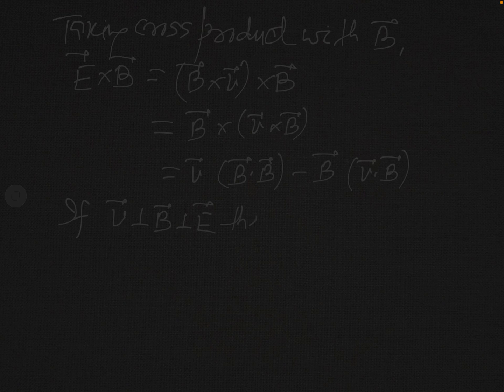Then in this condition, this product V dot B will be 0 because V is perpendicular to B, we have assumed it. So this last term will vanish, and you can write the above equation as E cross B equal to V into B square, because B dot B is equal to B square.